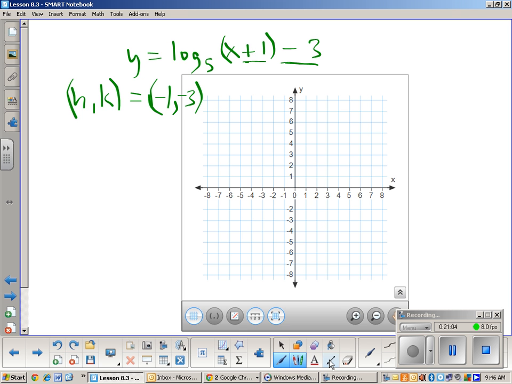So then when I draw my line, I have to go -1 and -3. Okay, so there's my new XY axis. And so I'm looking at this model. Y is equal to log base 5 of x. And if I rewrite it, that's 5 to the y is equal to x.